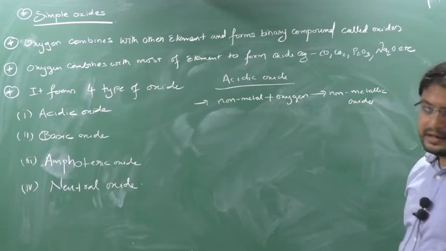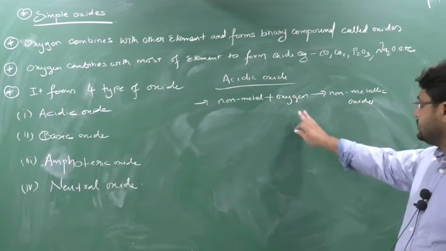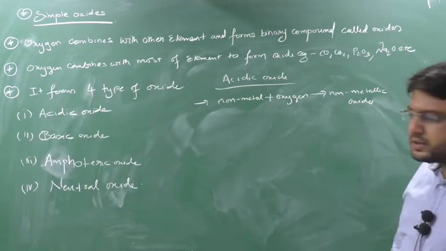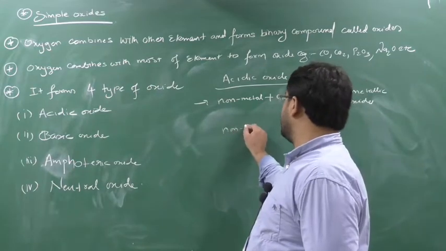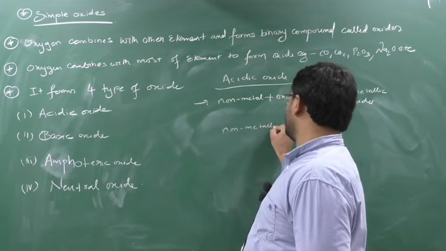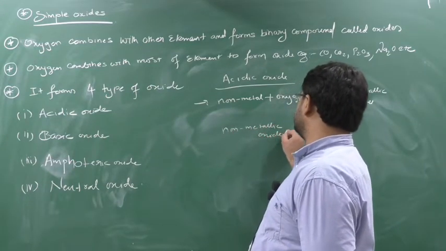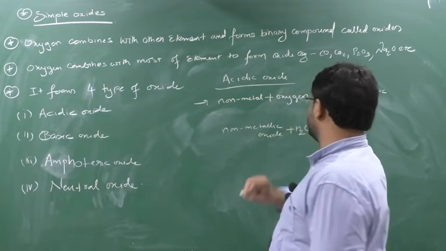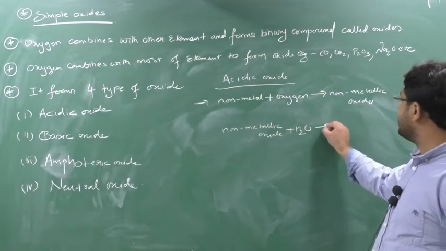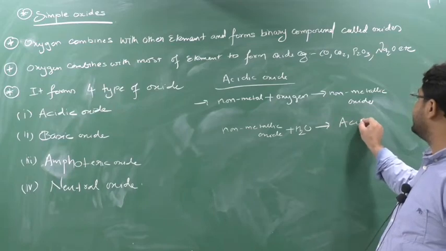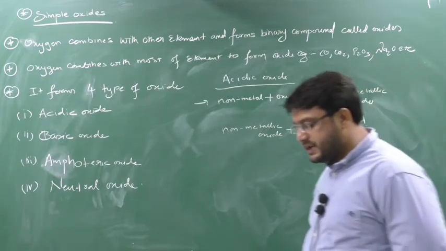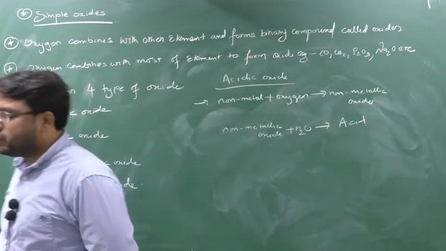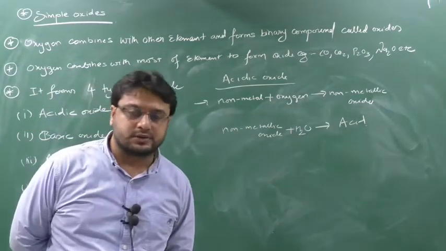Whenever a non-metal combines with oxygen and forms a non-metallic oxide, when this non-metallic oxide is dissolved in water, it forms an acid. That's why we say the non-metallic oxides are acidic oxides.